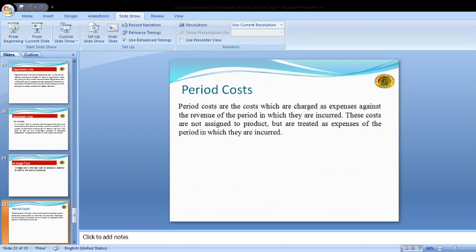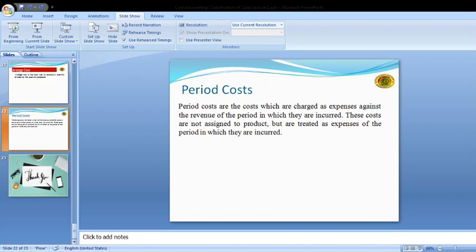Now the last classification is product cost versus period cost. If a cost is calculated for a product, it becomes a product cost. It is inventoriable because you can add it to the inventory.